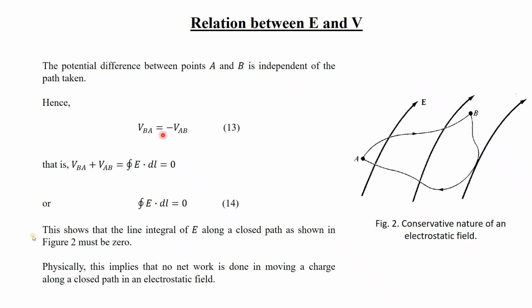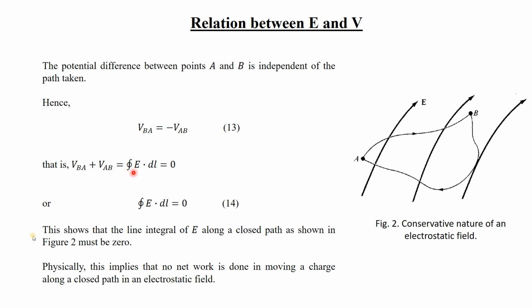For our understanding, we give the notation of a negative sign to explain that the potential differences are equal, but since the paths are opposite to each other, they oppose each other. So if you consider a closed loop, the entire potential difference in the closed loop will be 0, because VAB plus VBA equals 0.